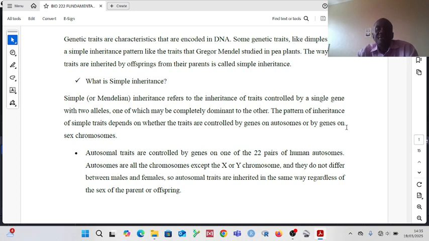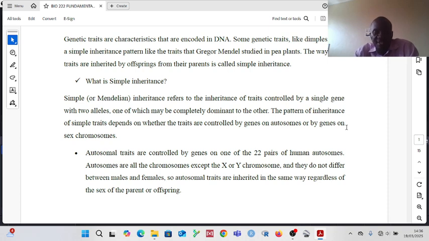Autosomes are all the other chromosomes except X and Y. So X and Y ndio zinaleta tofauti. Inamaanisha the autosomes do not differ between males and females. What is different is the sex chromosome, when you have an X chromosome or a Y chromosome. The X chromosome and the Y chromosome, hizo ndio ziko na tofauti.